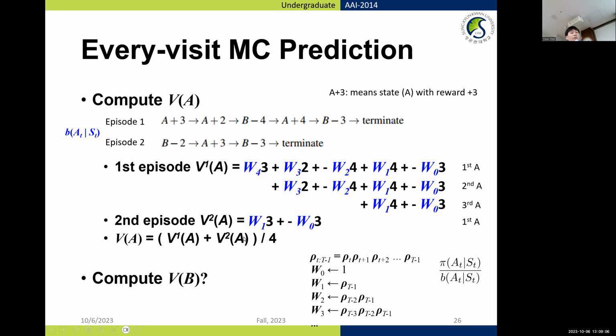Then we sum the two values together and divide by 4, because B also was visited 4 times, 2 in each episode, right? This is how you calculate. This is the internal mechanism of every visit MC prediction. Any questions?